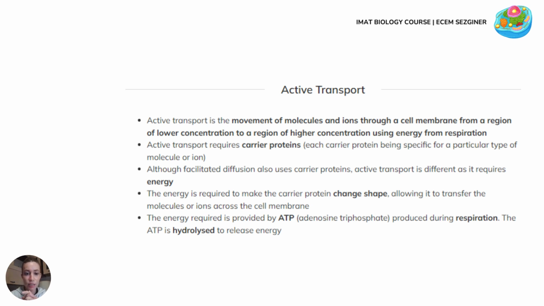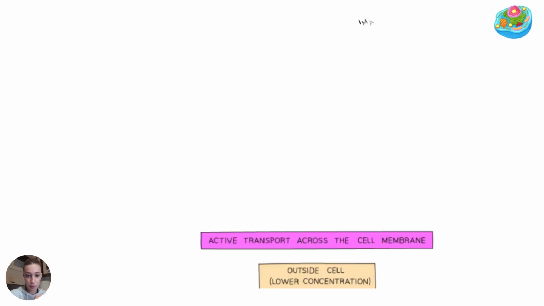And this energy is going to be used to change the shape of the carrier protein so that we can transfer the molecule. The specific process we use is called hydrolysis of ATP, to release its energy.